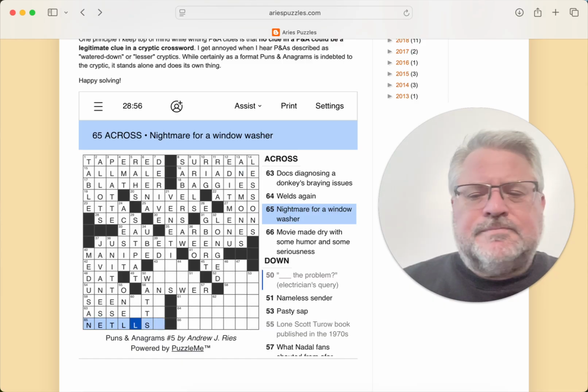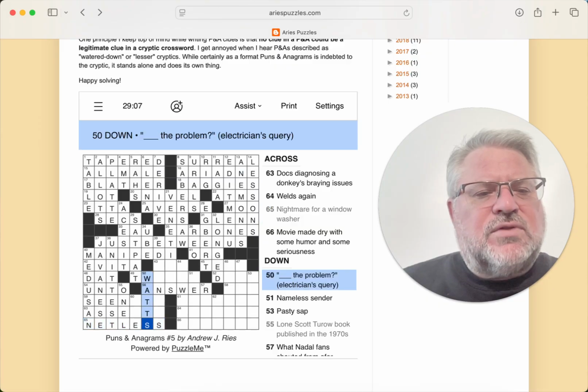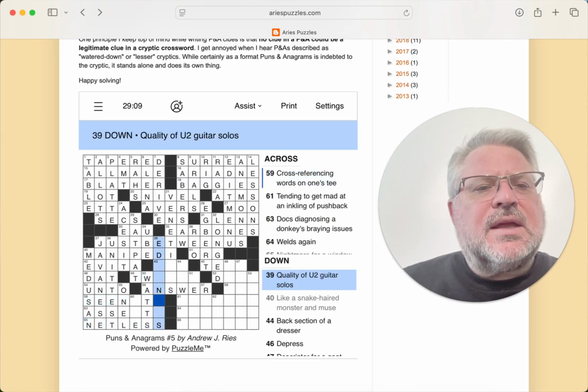Nettles? Netless. If you didn't have a net, that would be a nightmare for a window washer. Where are we getting the letters from? 39 down, quality of U2 guitar solos.